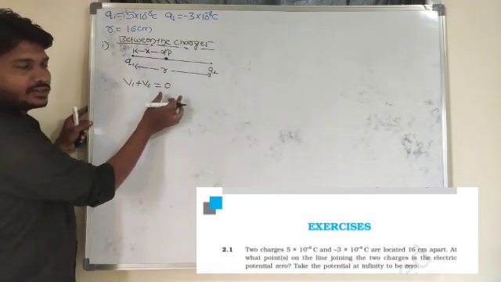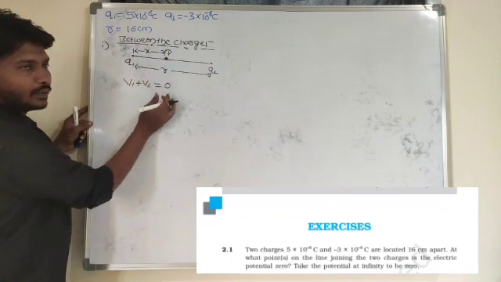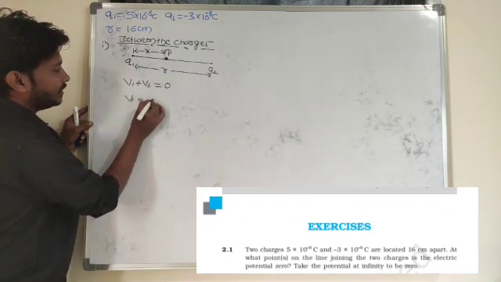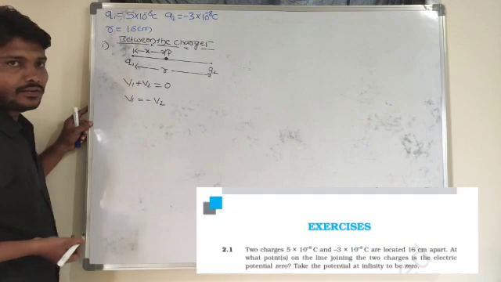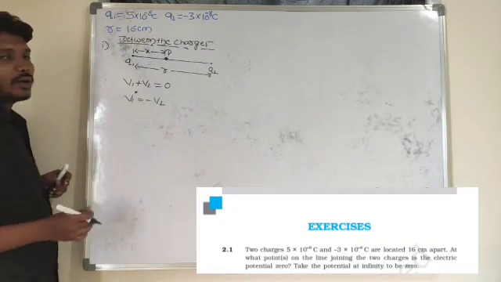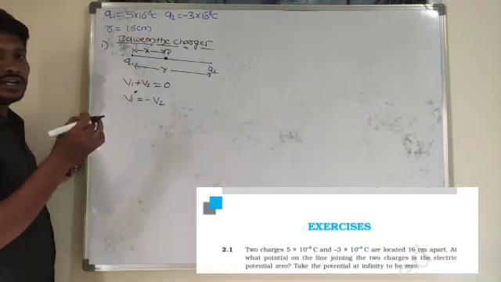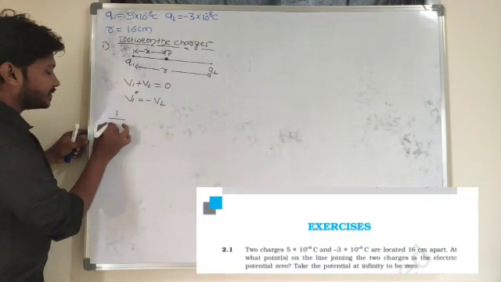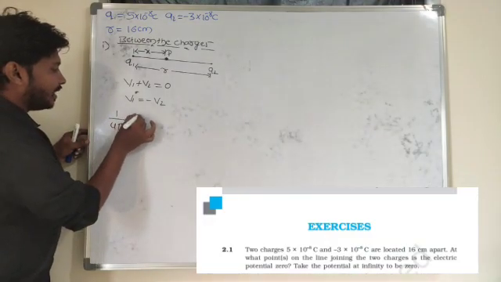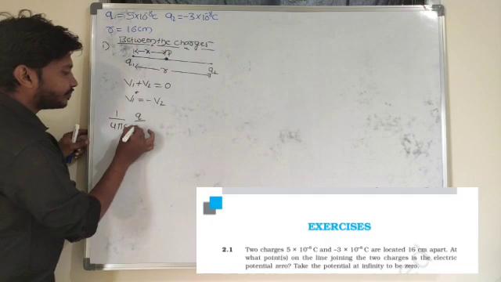V1 plus V2 is equal to 0. Null point means total potential is 0, so I can take V1 is equal to minus V2. What is the formula for electrostatic potential in case of an isolated point charge? That is 1 by 4 pi epsilon naught times q by the distance.